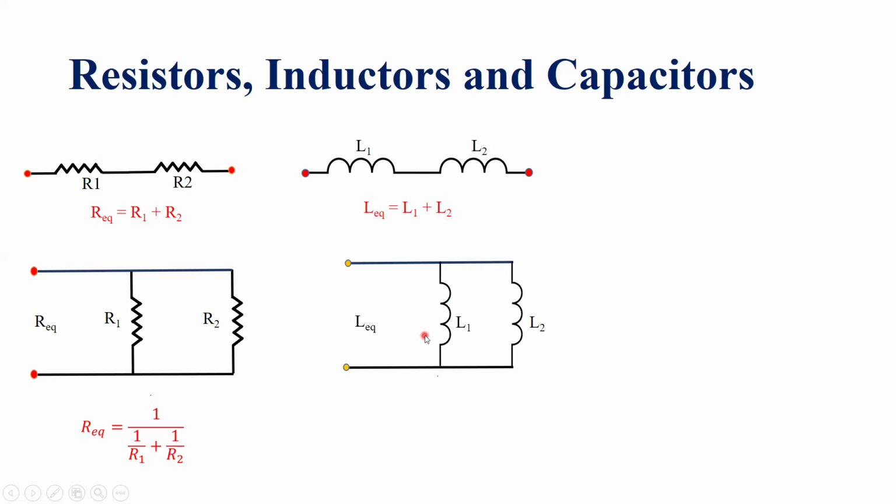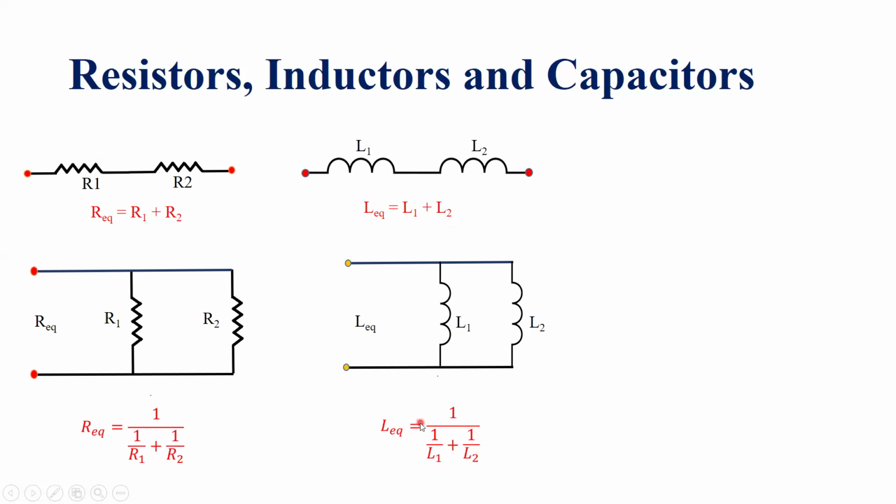How about two inductors when they are connected in parallel? In this case, L equivalent is written as 1 over the reciprocal of L1 plus the reciprocal of L2.